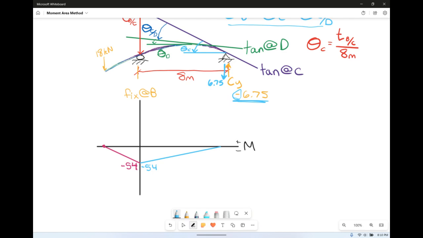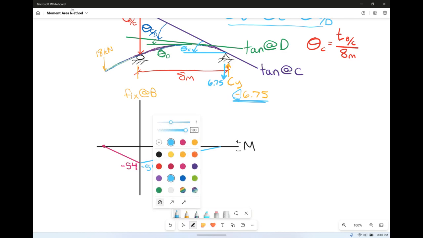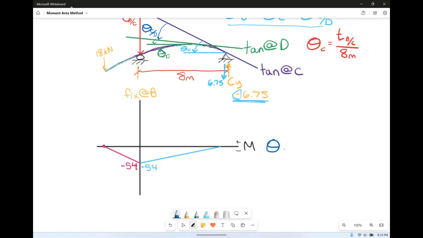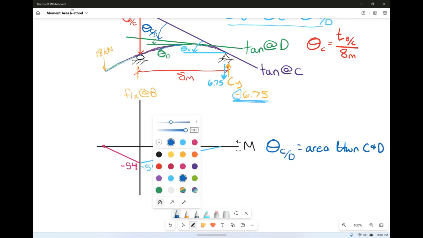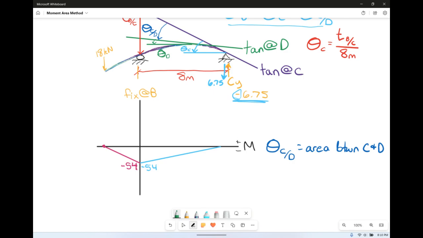So now that we have our moment diagram, what we need to do is find theta of C with respect to D. So again, that's going to be the area between C and D. So the area between C and D, we probably need to note where D is.